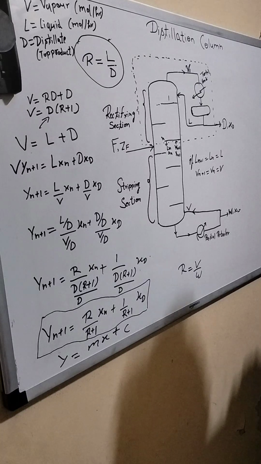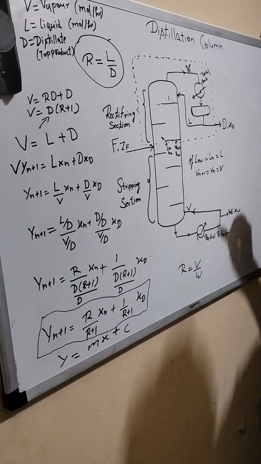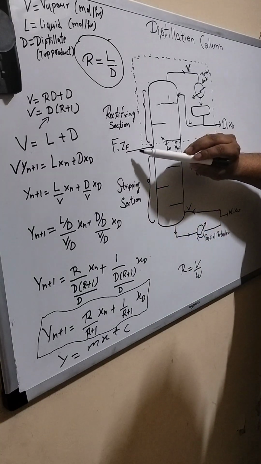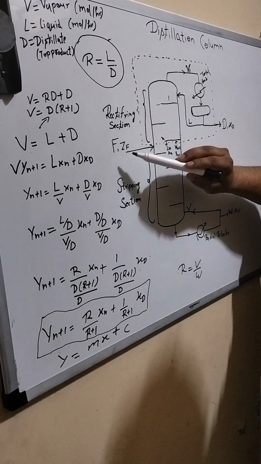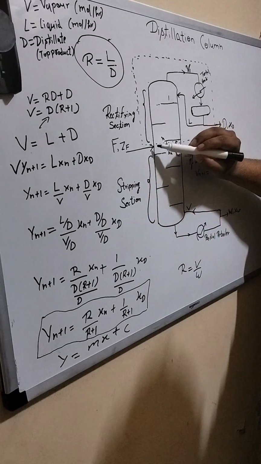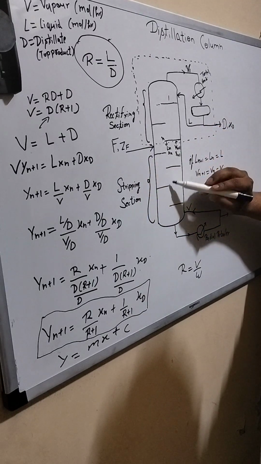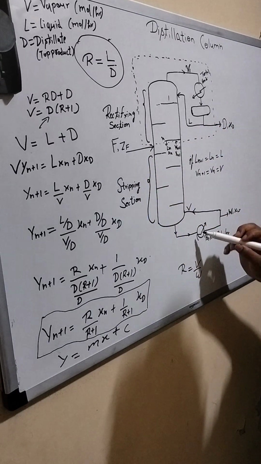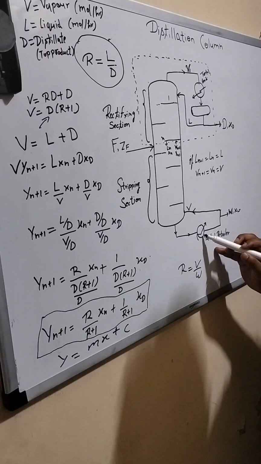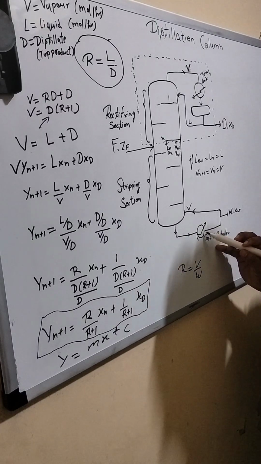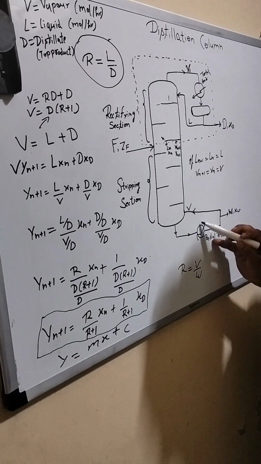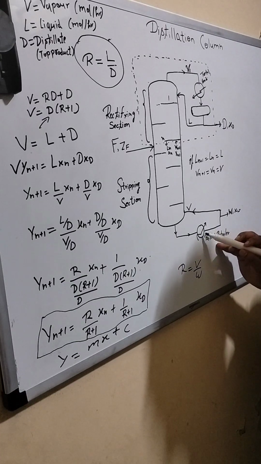So basically, how does it work? When we enter the feed in a distillation column, suppose it is a subcooled liquid, it will go down and come in contact with the partial reboiler. What is the purpose of the partial reboiler? In the partial reboiler we are using steam.